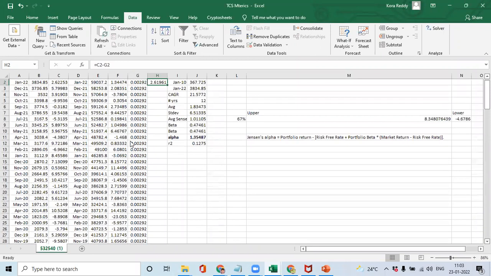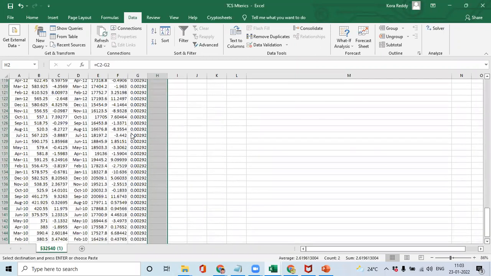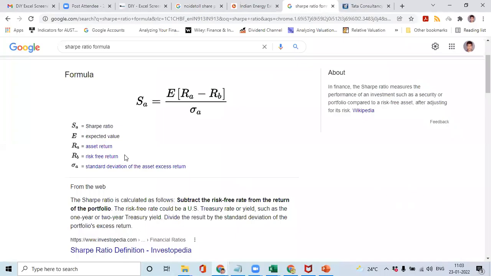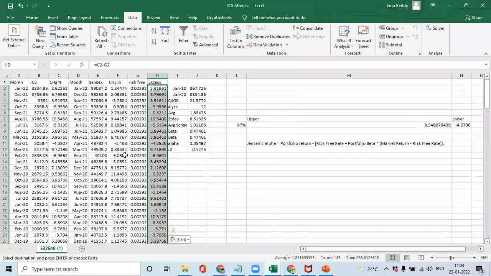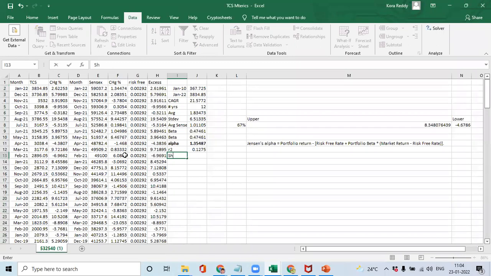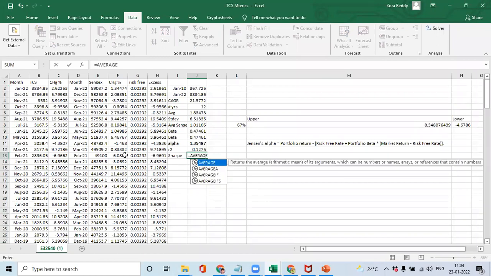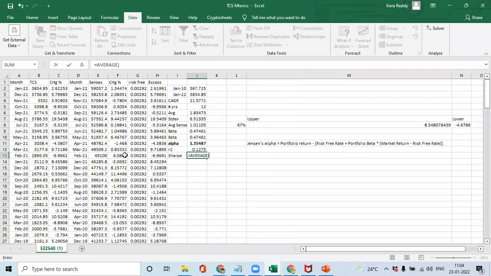Now, what is the formula? Asset return minus risk-free return. Asset return, we already have it. This one, minus risk-free return.